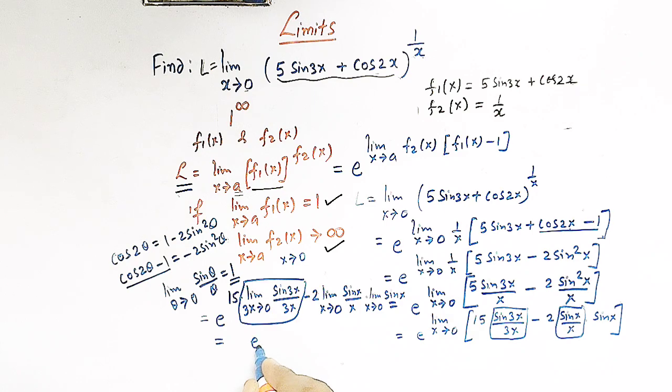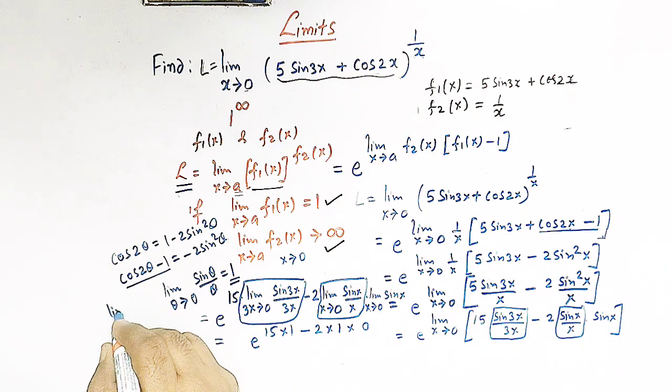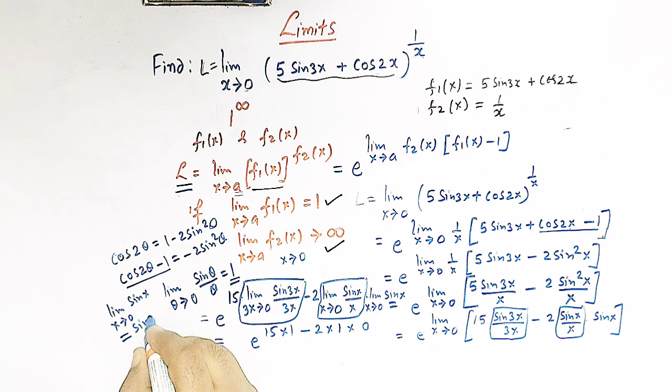So now we have e raised to 15 times 1 minus 2 times, and here this limit is again equal to 1, so we have 1, and here we have the limit as x tends to 0 of sin x, and this limit is 0 because the limit as x tends to 0 of sin x is given by sin 0, that is equal to 0.